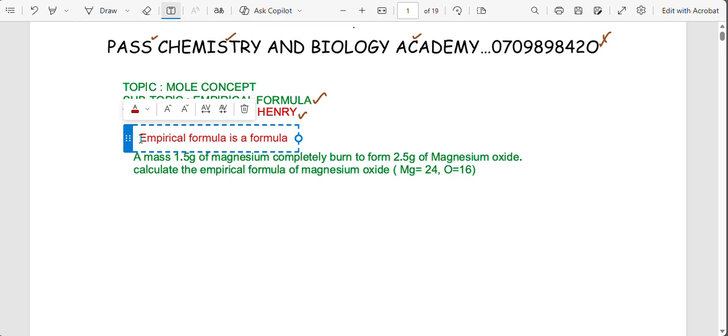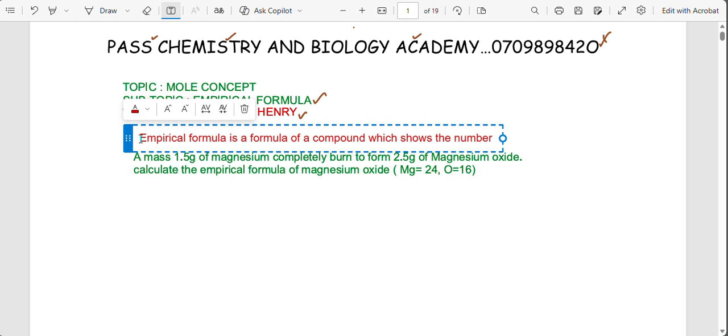This is a formula of a compound which shows the number of atoms and the simplest ratio in which they exist.